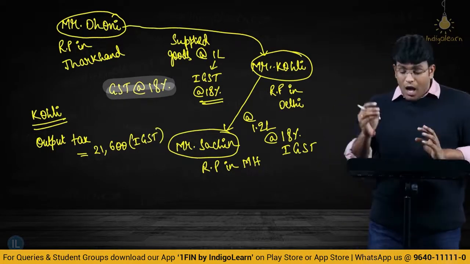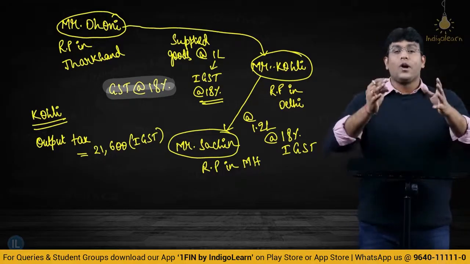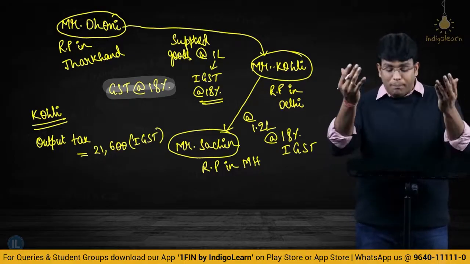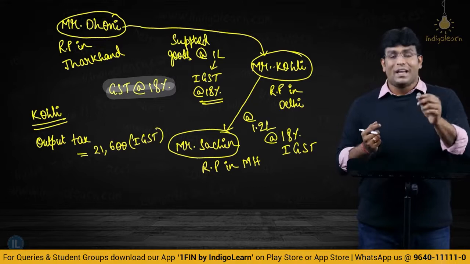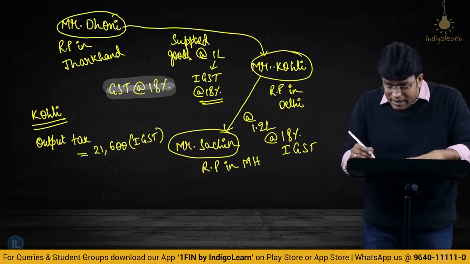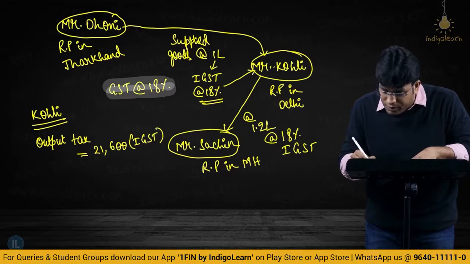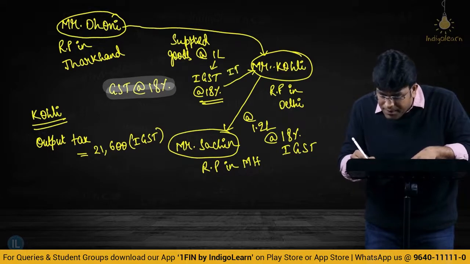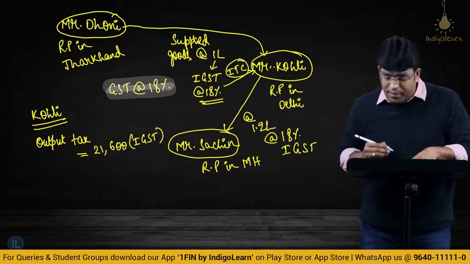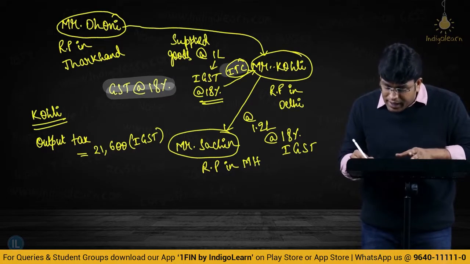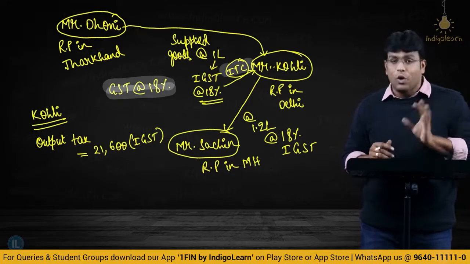Now tell me, sir. Whatever Kohli paid when Kohli procured from Dhoni at 1 lakh rupees at 18%, whatever Dhoni collected from Kohli will become input tax credit. In other words, ITC for whom, sir? Kohli.